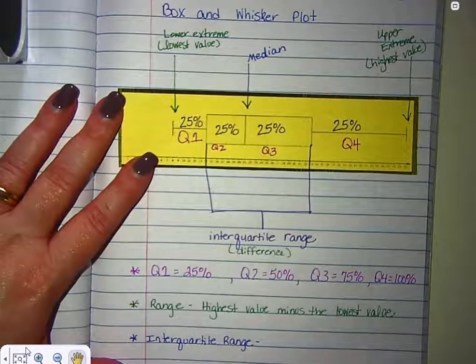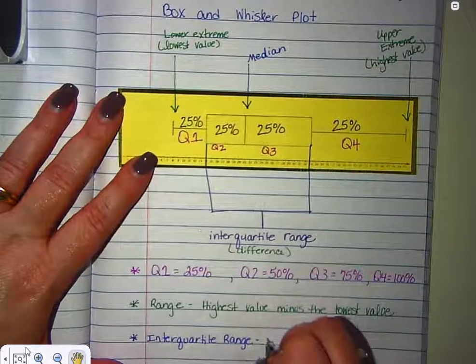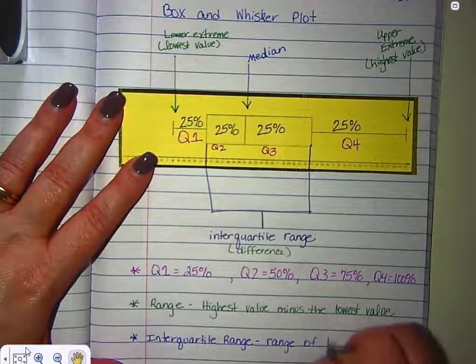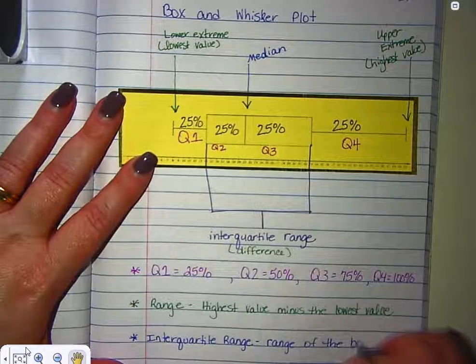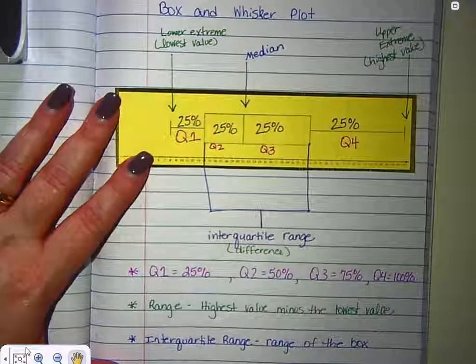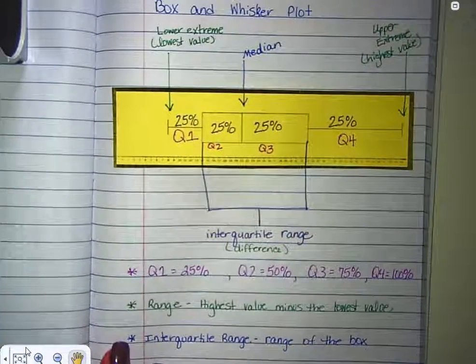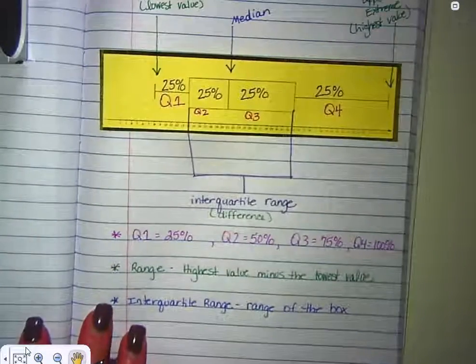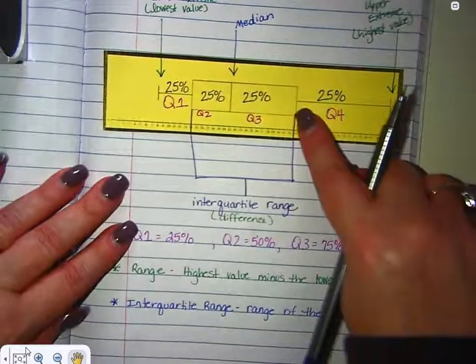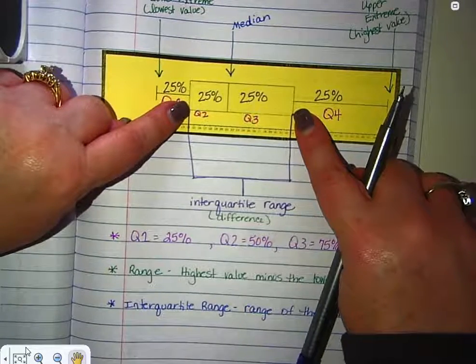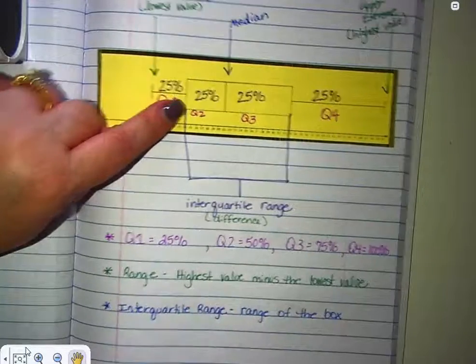That is the range of the box. Those are two different things, the range and the interquartile range. It's the range of the box. So you would take the highest number in the box minus the lowest number, and that's going to give you the interquartile range.